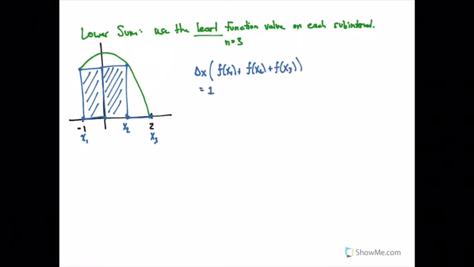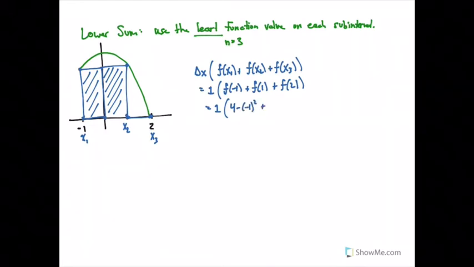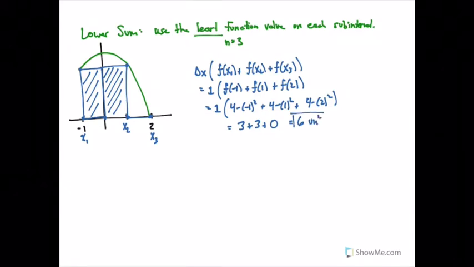And that's going to give us 1 times f of -1 plus f of 1 plus f of 2, 4 minus -1 squared plus 4 minus 1 squared plus 4 minus 2 squared, or 3 plus 3 plus 0, which is going to be 6 units squared.